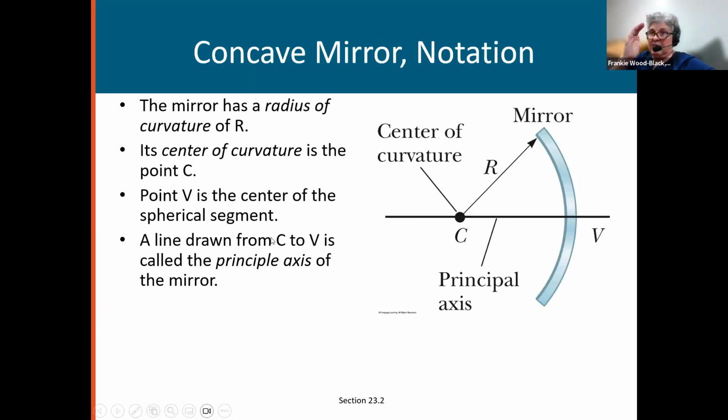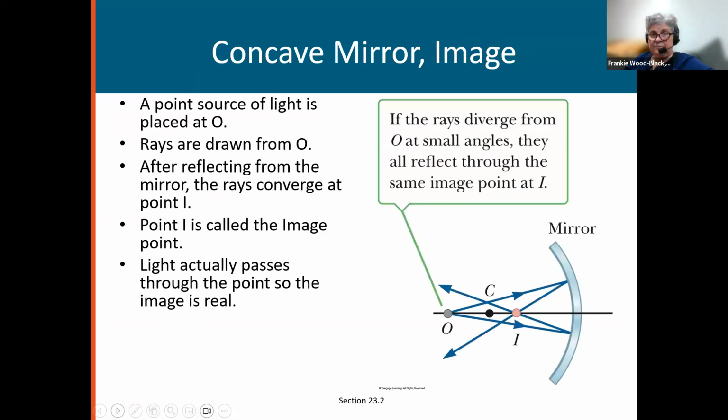Now, because we're making the approximation that our curve is related to the curve of a sphere, we have a radius. And so we call this the center of curvature. So when we're drawing to do our ray optics, here's my mirror, and then I have my center of curvature, which is my radius. This is the mirrored side, so we can actually draw that and we can use it from our principal axis.